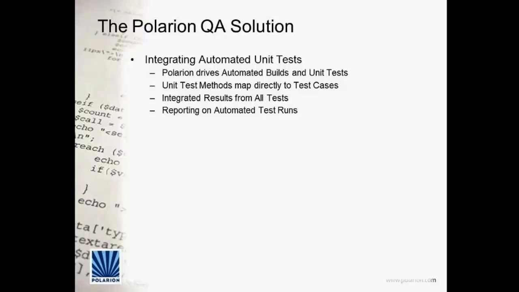What Polarion allows you to do is to not only do manual tests, but to manage many types of automated testing. We have an automated build manager within Polarion that can automatically run tests and import this testing information back into Polarion, and handle it the same way that it does with manual tests.